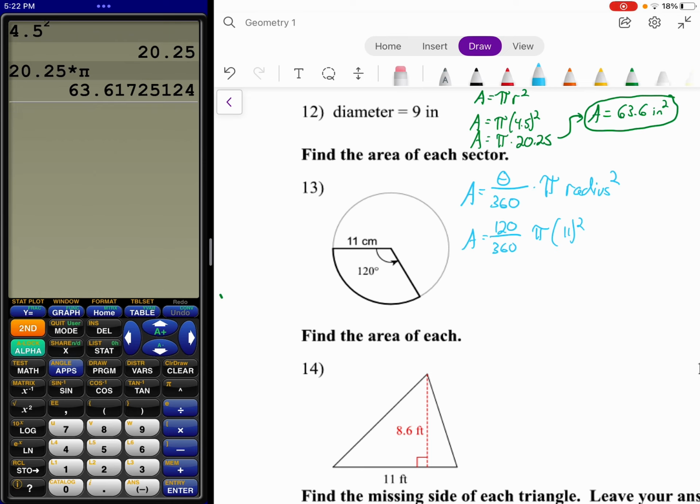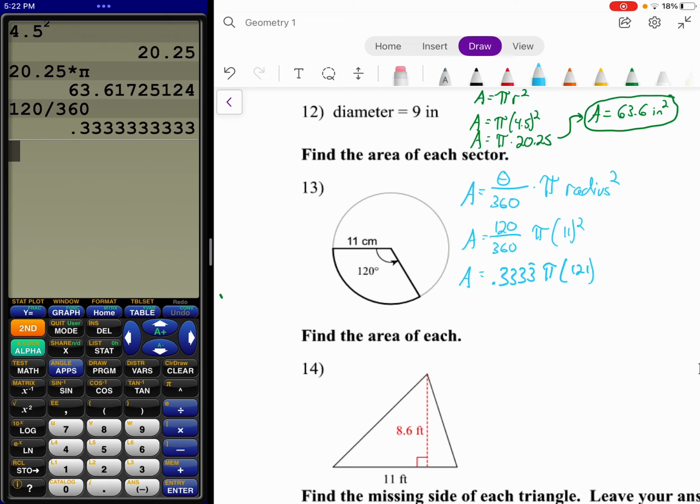And we can work our way through this. 120 over 360 actually reduces to 1/3. So you can just put 1/3 or 1 divided by 3. You can do 120 divided by 360. We know it's going to be 0.3 continuing, so 0.3, we'll just put several of them, times pi, we're going to use our calculator's pi button, times 11 squared is 121.